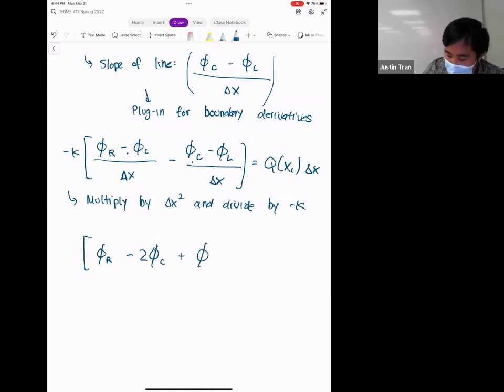And we have minus phi sub L, so it's going to be plus phi sub L. And this is equal to minus q at x sub c delta x squared divided by k.